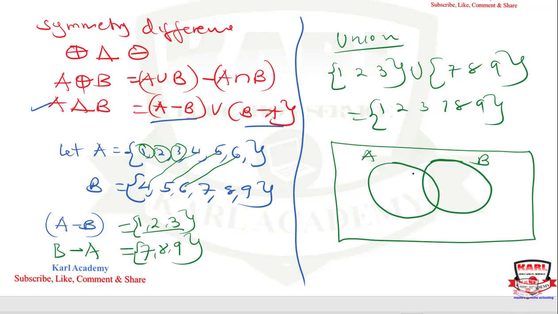Let's start with the common elements: 4, 5, 6. Then the elements remaining in A are 1, 2, 3, and in B they are 7, 8, 9. This is now the symmetric difference.